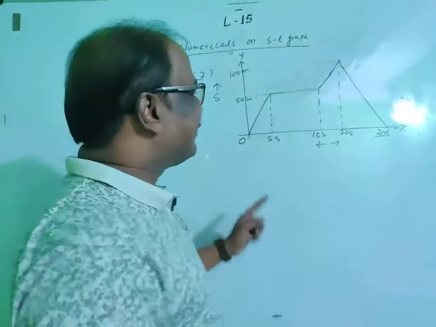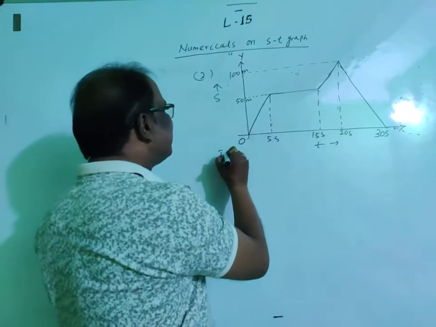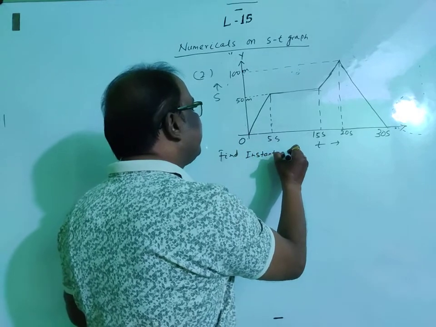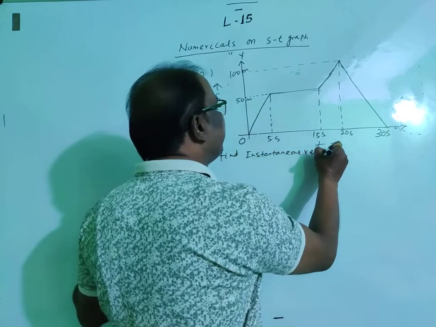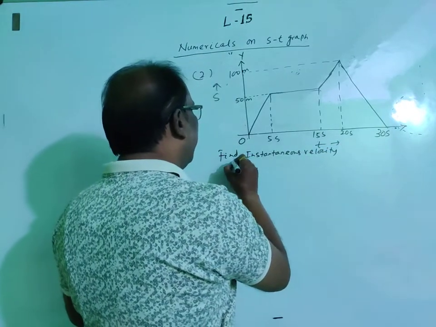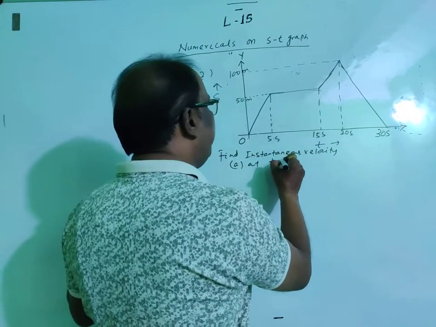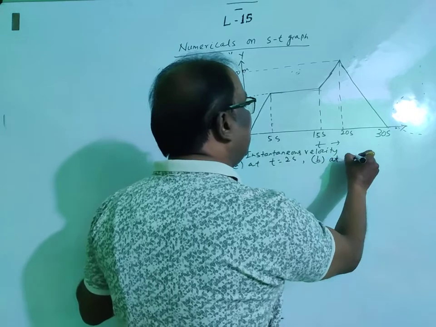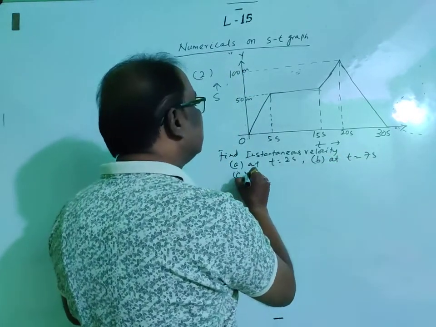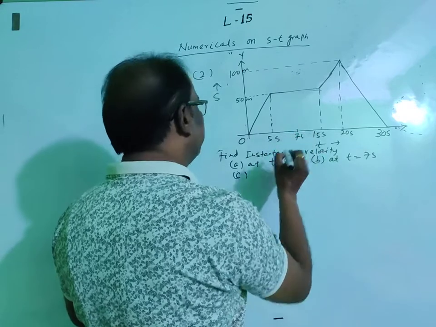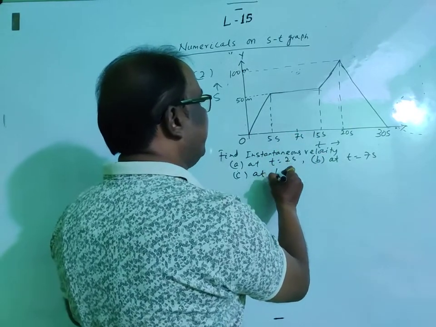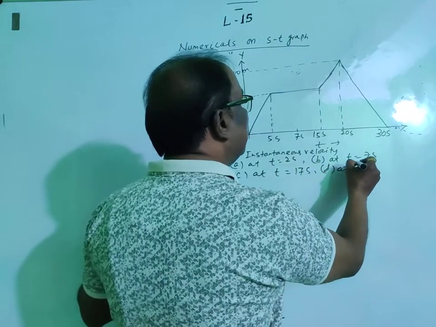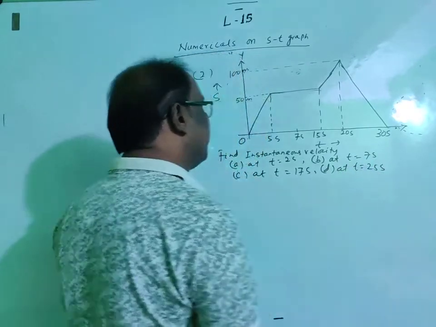And it is asked, find the instantaneous velocity at t equal to 2 seconds, in part B at t equal to 7 seconds, and at instantaneous time 17 seconds, and finally at instantaneous time 25 seconds.